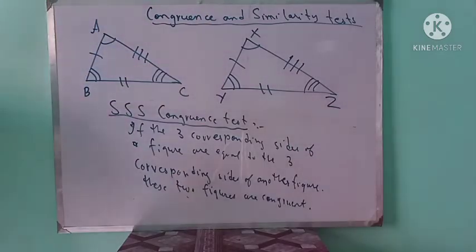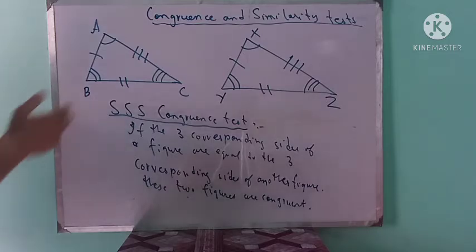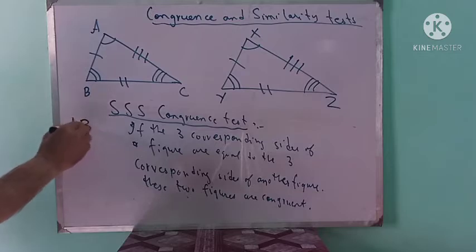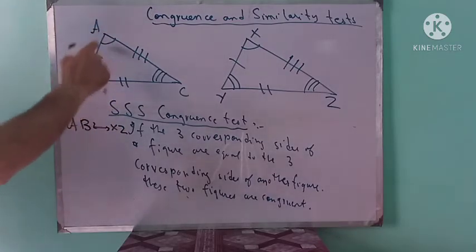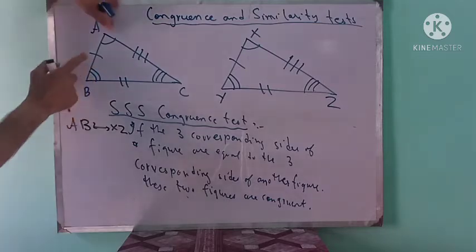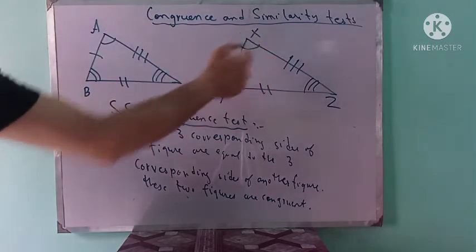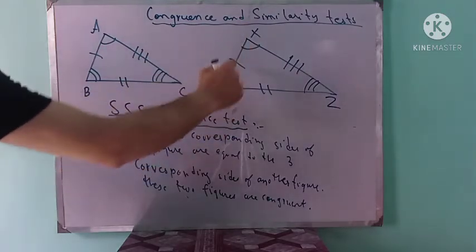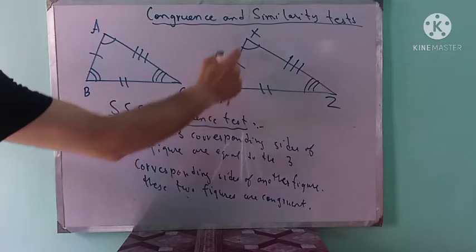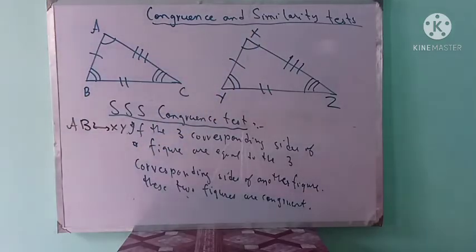See that AB has one line, and here XY has one line on the side. So AB and XY are corresponding sides.